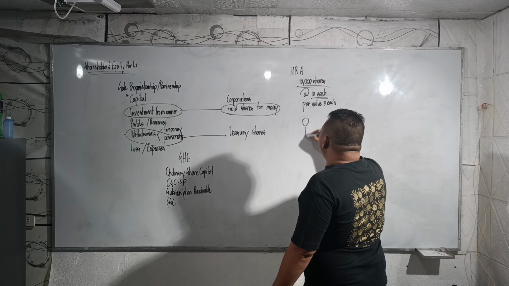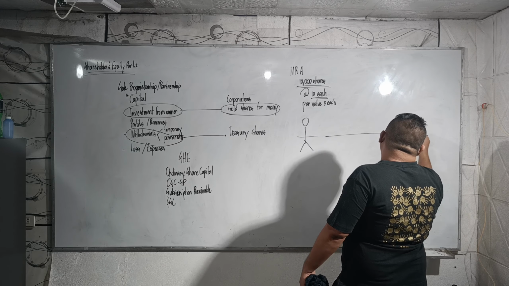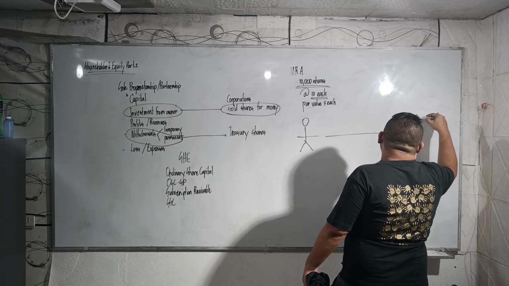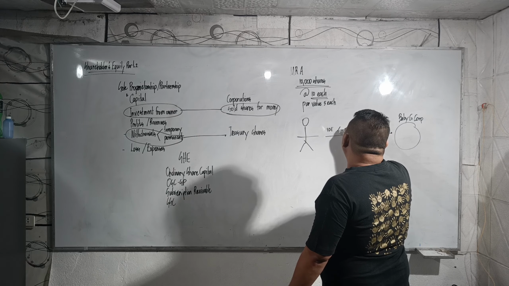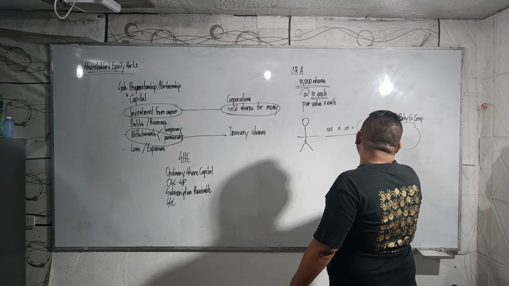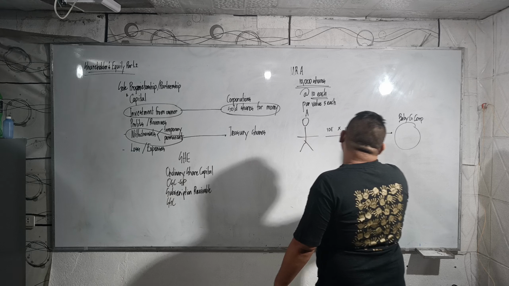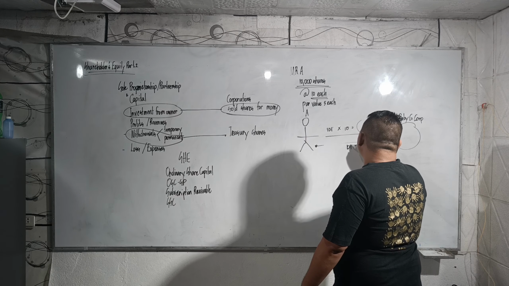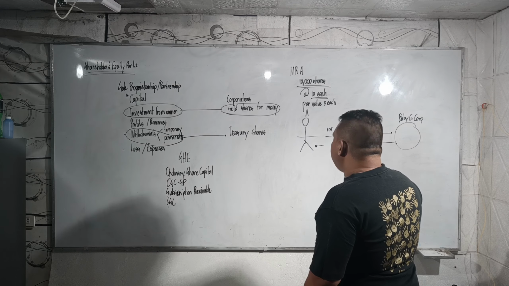So if this is Mr. A, the original transaction is that Mr. A has given BBG Corporation, that's our point of view, 10,000 times 10, which is 100,000. We gave Mr. A 10,000 shares with a par value of 5 pesos.